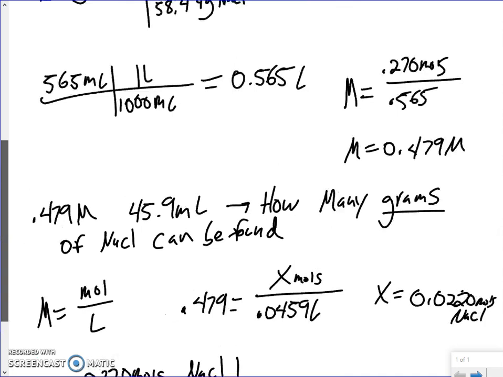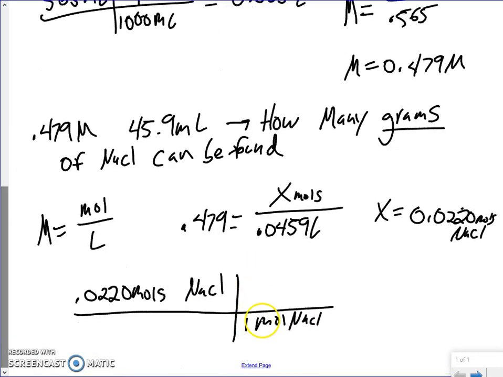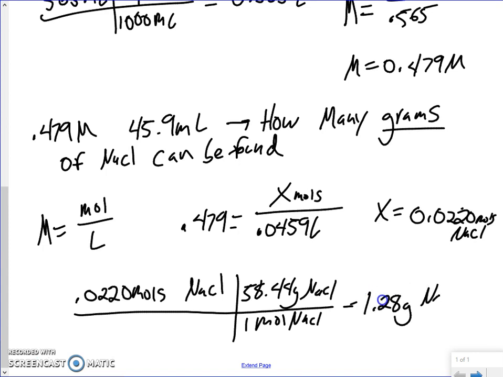If we go back up here, what was our molar mass again? 58.44. 58.44 grams NaCl. So we multiply across. So in 45.9 milliliters of this same solution, we have 1.28 grams NaCl. Okay, so that is molarity.